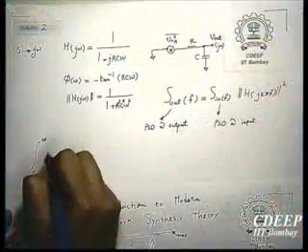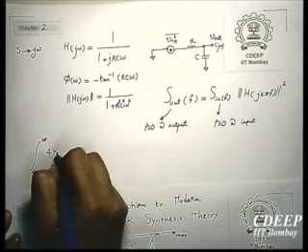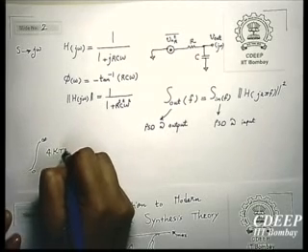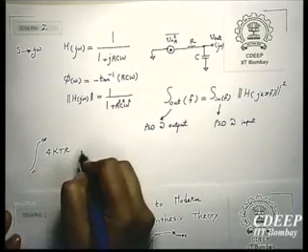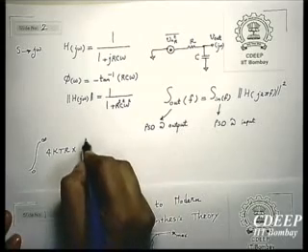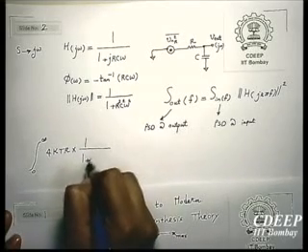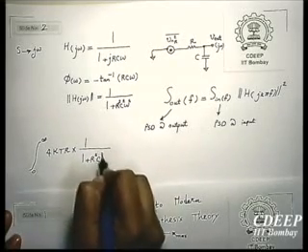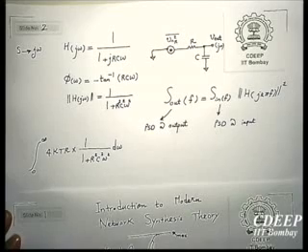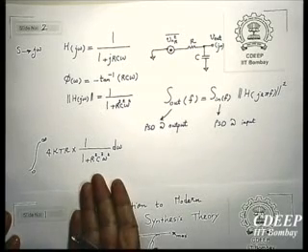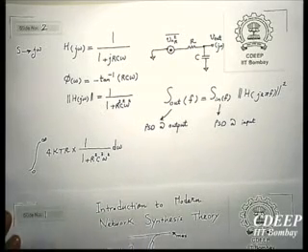Because there is a reduction in the power spectral density of noise at the output due to filtering. So this was PSD of noise at the input. This is a square of magnitude, and then I integrate it.